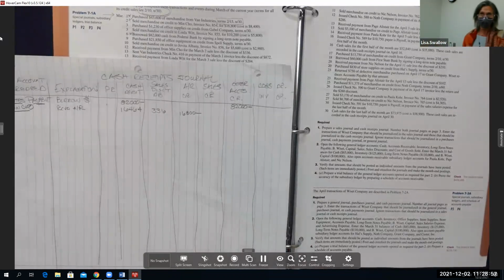So what 3 accounts am I hitting? You got cash, sales discount, and accounts receivable. Yes, sir. Go book that on the cash receipts journal. She owed me some money, and she paid it within the discount period.